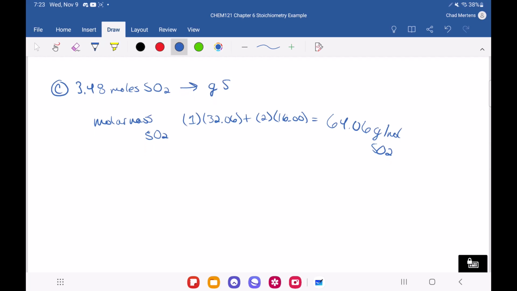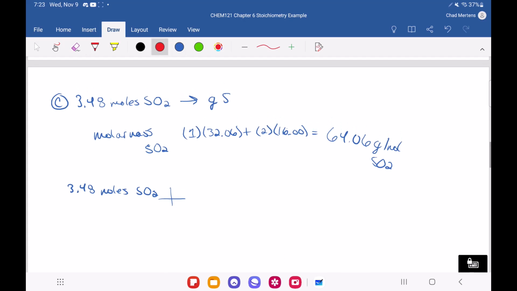Solving this, we want to cancel moles and then go to grams of sulfur. So we have 3.48 moles of SO2. Looking at our chemical formula, for 1 mole of SO2, we have 1 mole of sulfur and 2 moles of oxygen.